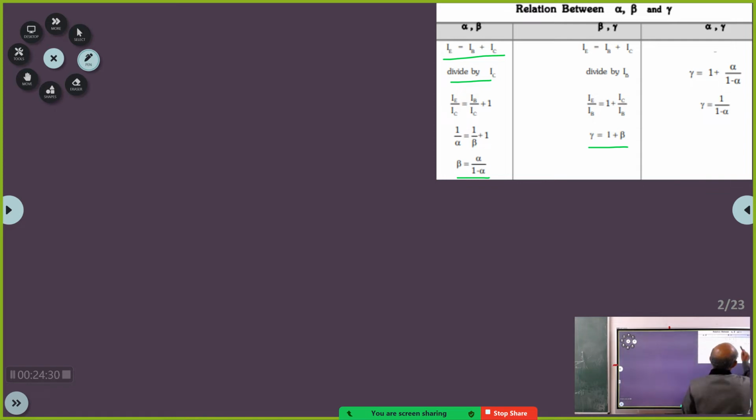And here also the same equation is possible. Do it, you get gamma is equal to 1 upon 1 minus alpha. You should be able to derive this. You can't learn this by heart. But with this basic equation, you do the appropriate division, then you will get the answers. Okay?